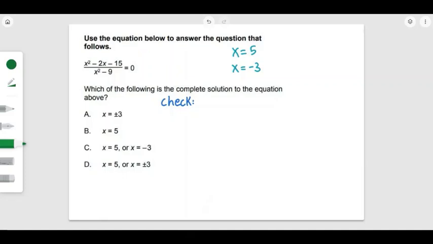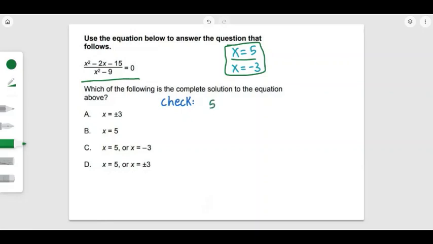Now we've come to the checking part. We found in the last slide two values, x equals 5 and x equals negative 3. We need to know which one is the solution, or whether they could both be solutions. In order to check, we simply substitute the value of x into this equation. Let's try x equals 5 first.